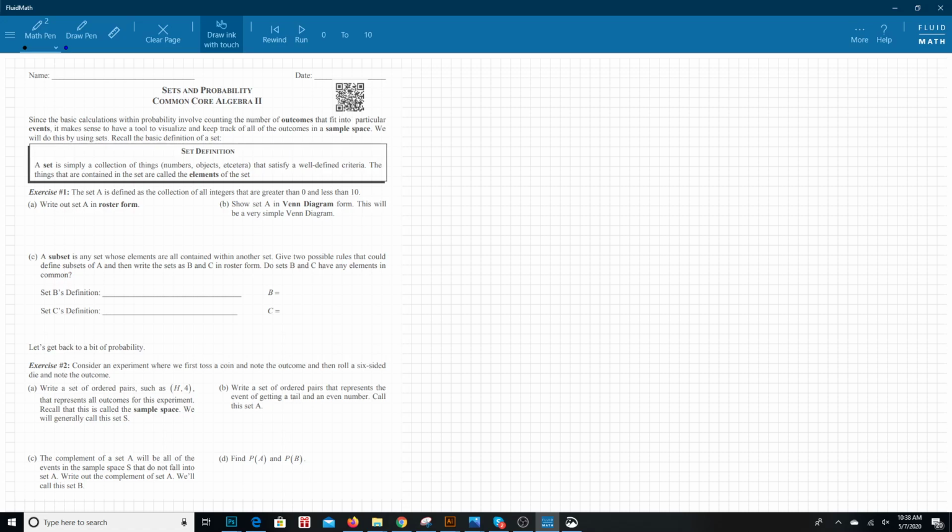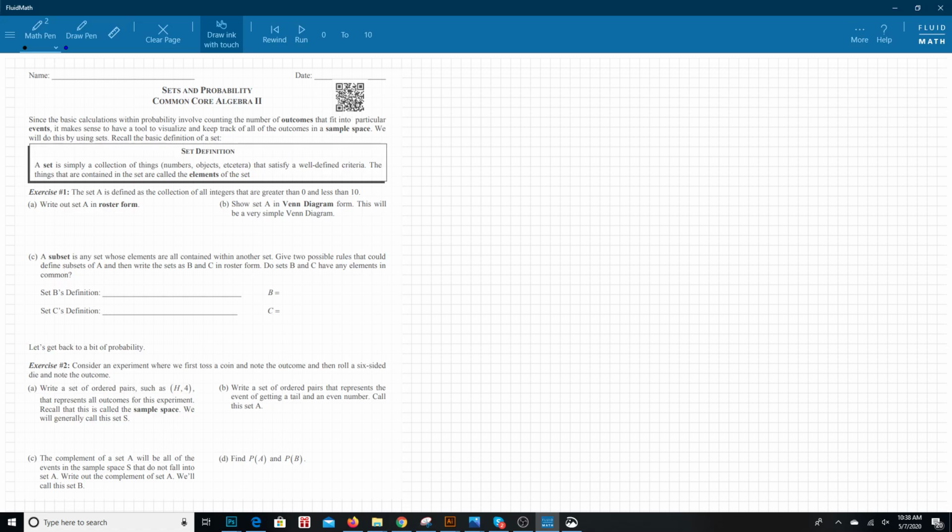Since the basic calculation within probability involves counting the number of outcomes that fit into a particular event, it makes sense to have a tool to visualize and keep track of all the outcomes in a sample space. We will do this by using sets. Recall the basic definition of a set. A set is simply a collection of things.